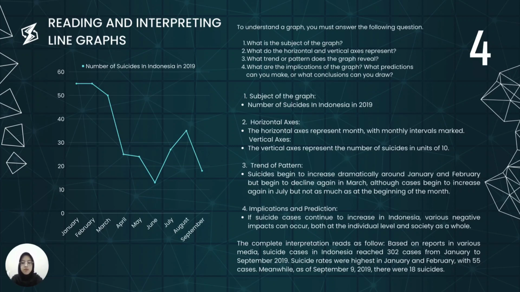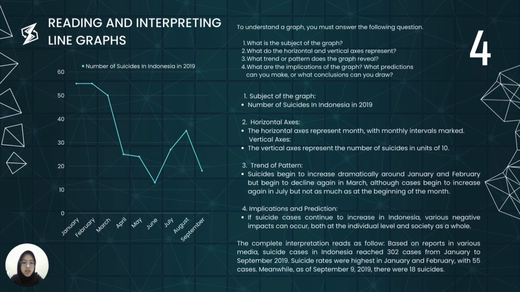As I exemplified here, this is a diagram that contains data on suicide cases in 2019, and you answer the questions based on the graph. The first is the subject of the graph. You can see here, number of suicides in Indonesia in 2019.